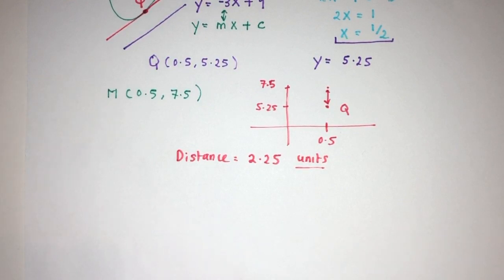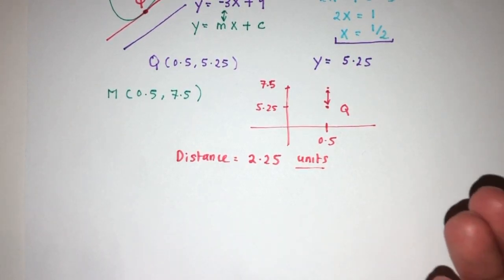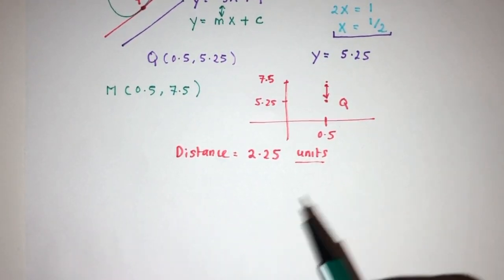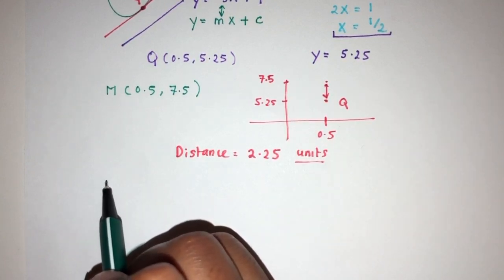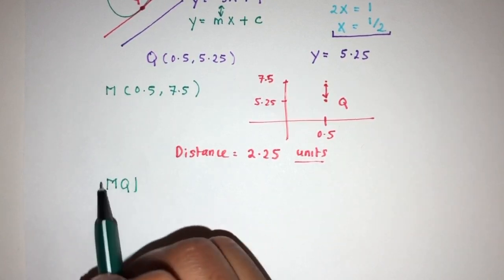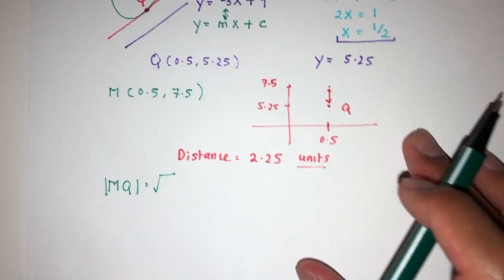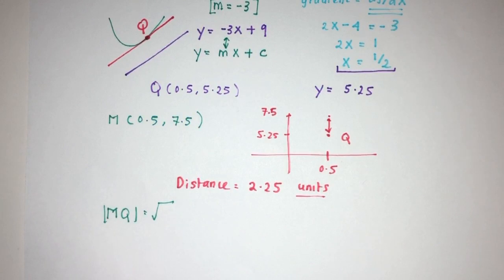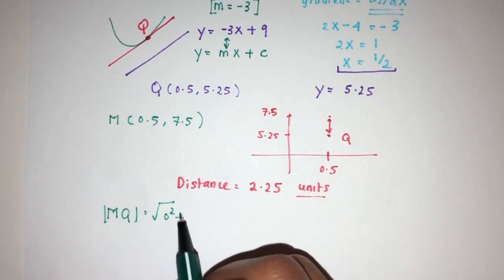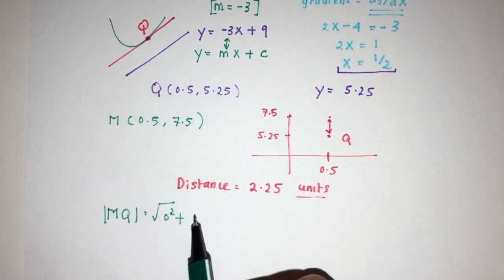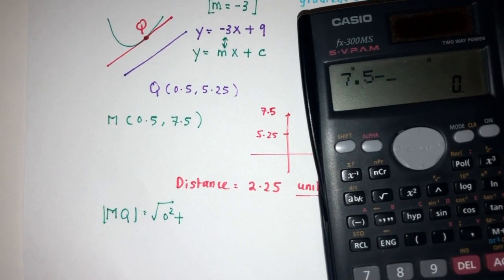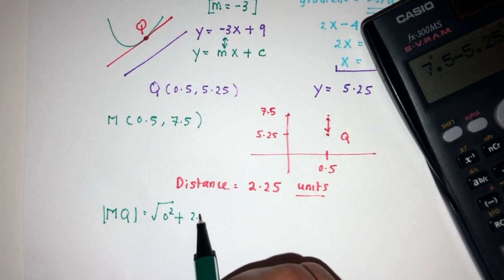Now again, you don't need to do this. You can always revert back to using the formula, which is that the distance MQ has to be the root of x2 minus x1, that will be 0 squared, and then this minus this, so 7.5 minus 5.25, that should be 2.25 squared.